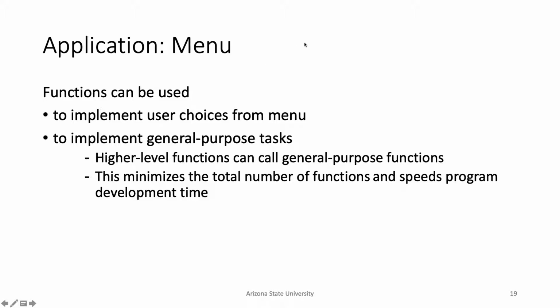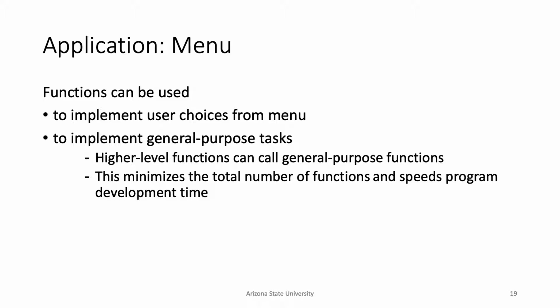One of the common approaches is to put a menu, like presenting a menu, inside of a function. So instead of putting the entire menu's cout statements inside the main function and making the main function really long, we can just say print menu, and then the print menu function will just print the contents of the menu.